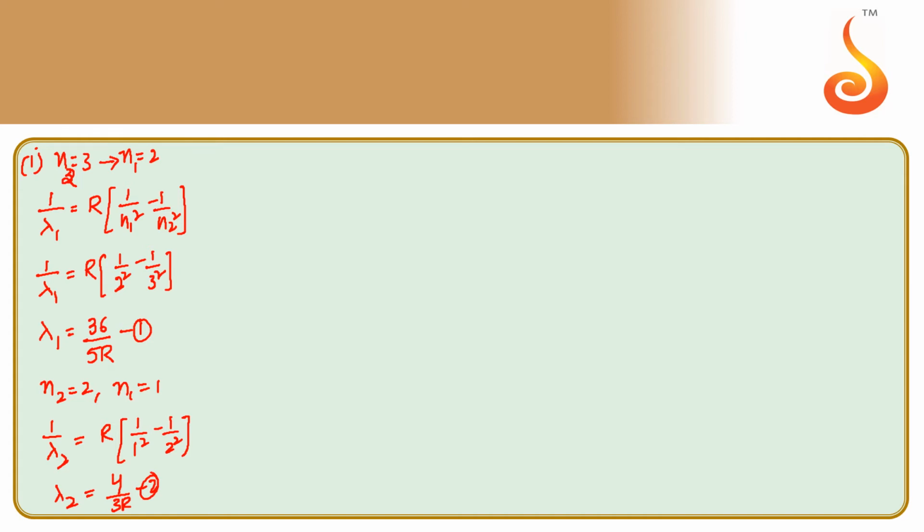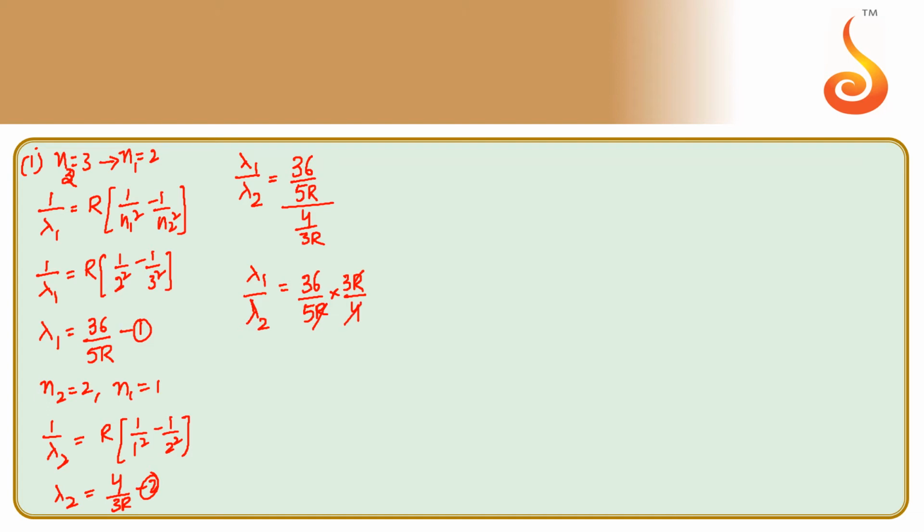Therefore, let us do the ratio. Lambda 1 by lambda 2 will be 36 by 5R divided by 4 by 3R, so 36 by 5R into 3R by 4.